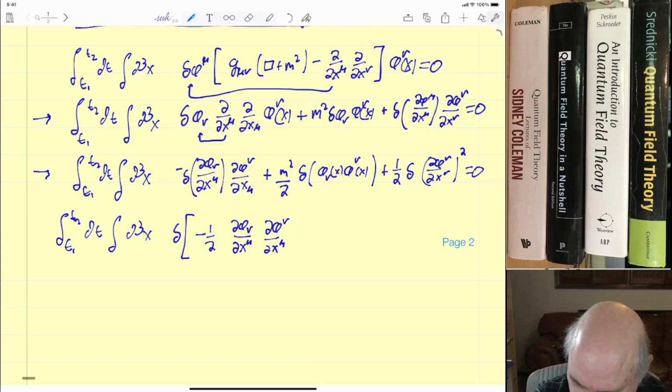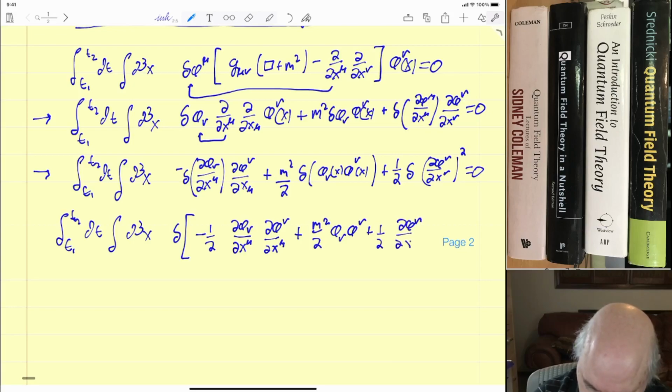I mean, you can figure it out that the raising and the lowering of indices doesn't change the terms there. Then I have plus m squared over 2 phi nu plus 1/2 partial phi nu with respect to x nu squared equals 0. So all we've done there is I've just taken the del of the whole thing out.